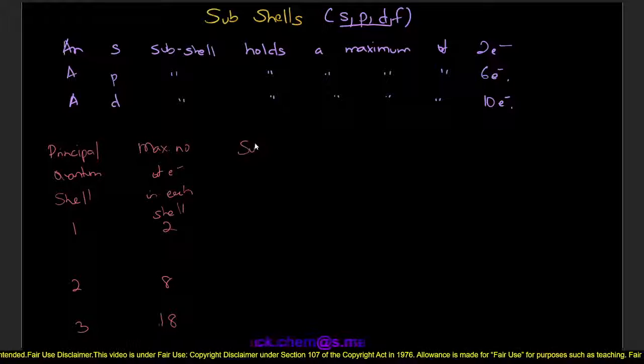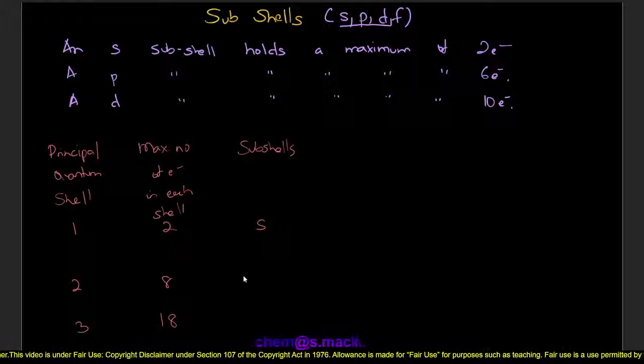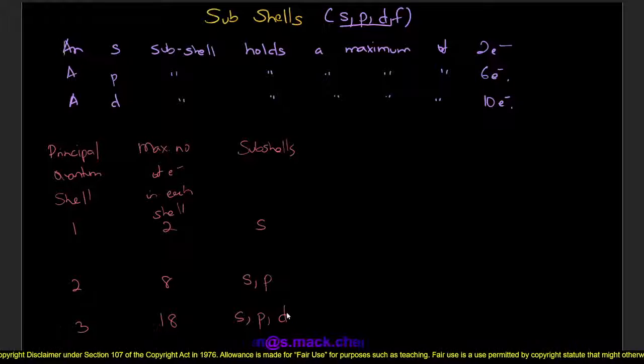As established before, the first shell consists of an S subshell, the second consists of an S and a P, and the third consists of an S, a P, and a D subshell.